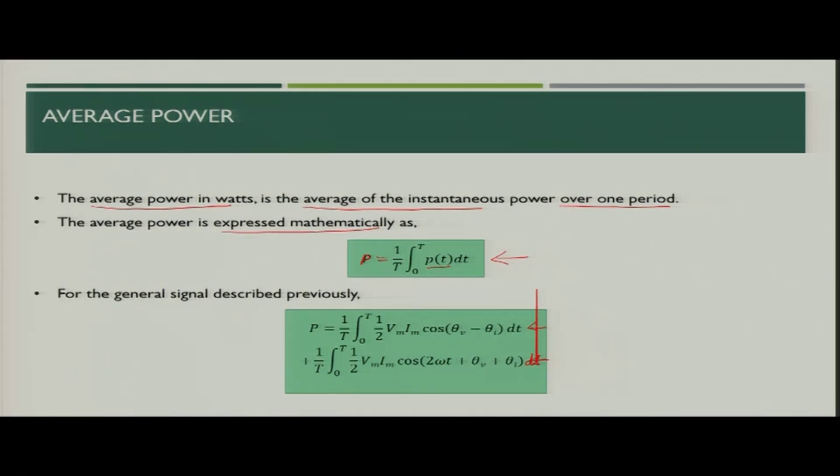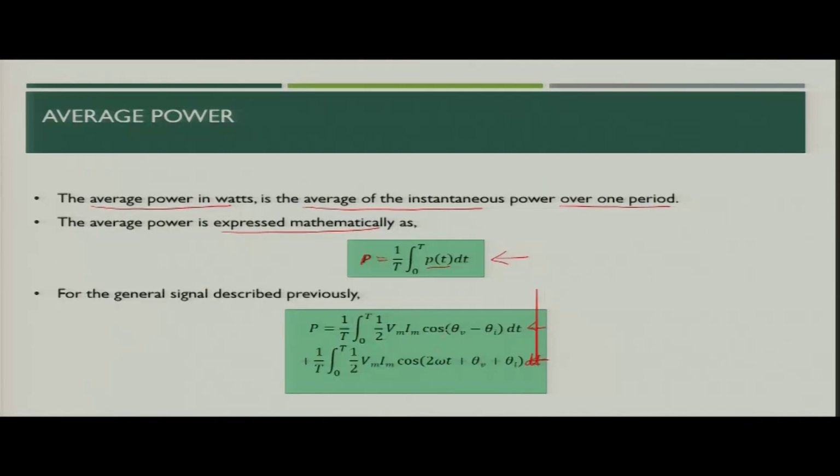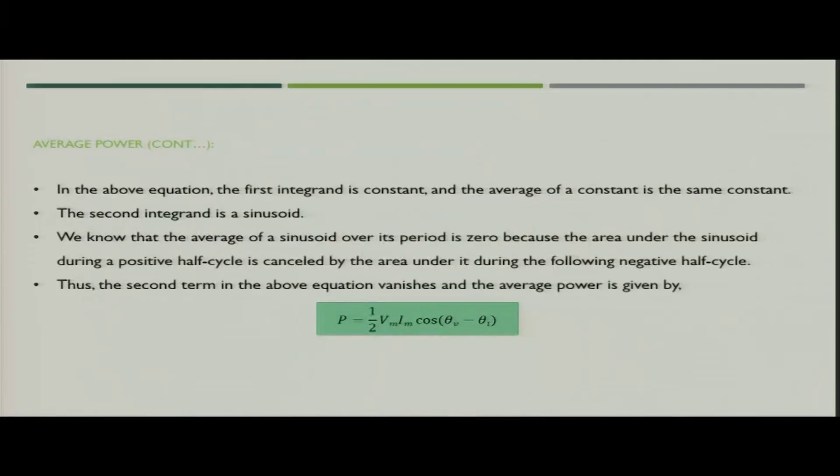So, with this you can calculate the average power. Now, you need not worry about how to integrate these two terms. You can just simply look at these two terms and identify what would be the value of average power.